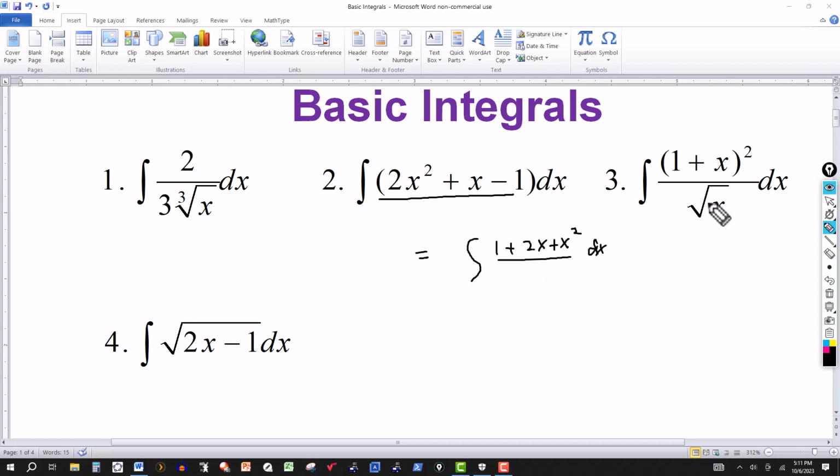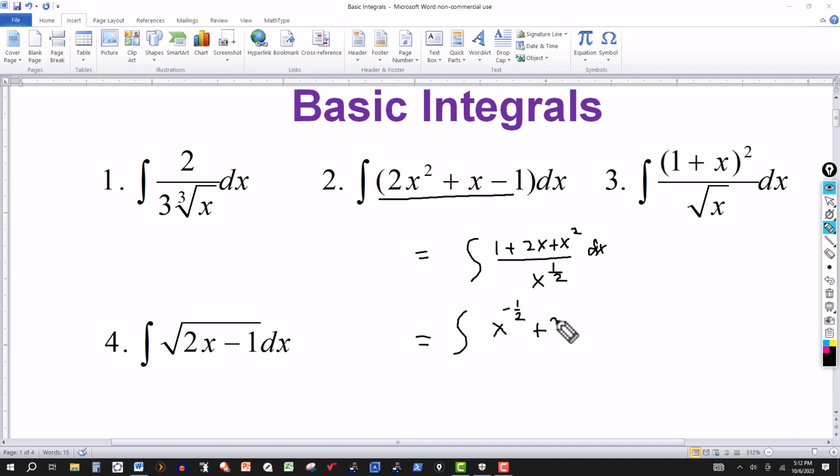So square root of x is the same thing as x to the 1/2. So you don't want to say, okay, 1 is a constant, so that's just x, and over here 2x, add 1 there, and you get x to the 2nd, and then 2 divided by 2 is 1. You can't do that. Here, we have to divide this out term by term. So it's going to be 1 over x to the 1/2. I'm just going to write that as x to the negative 1/2, plus 2x over x to the 1/2.